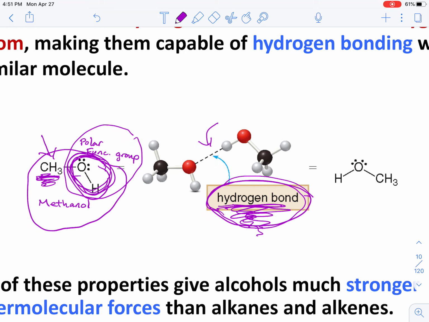You can pull them apart very easily. Whereas if you have hydrogen bonds, these stronger intermolecular forces, you need a lot more energy to separate them. So with respect to the transition of a molecule going from liquid to gas, you really need to put in a lot of energy to separate those molecules in liquid form so that it can evaporate and turn into a gas.